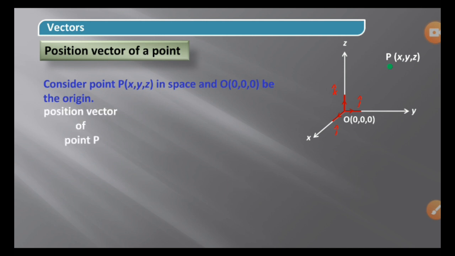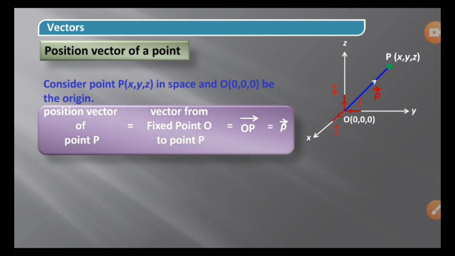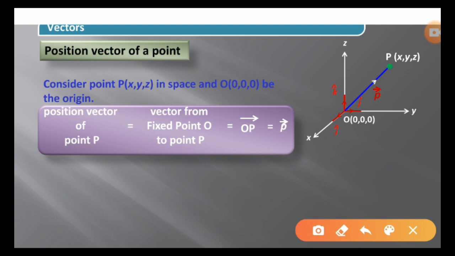Now we will define the position vector of a point P, which is equal to the vector from the fixed point O to point P, which can be denoted as OP vector, or else we can write it as small p vector. See here students, this is the position vector of the point P.